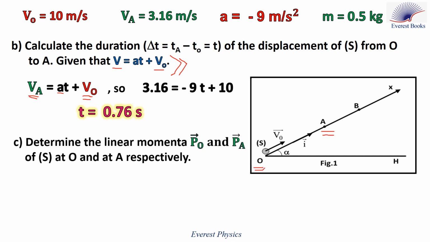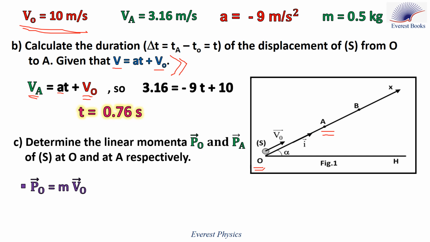Let's move to part C. Determine the linear momenta pO and pA of S at O and at A respectively. Let's start with pO. pO equals m vO. Now we have the speed at point O. It is equal to 10 meters per second.